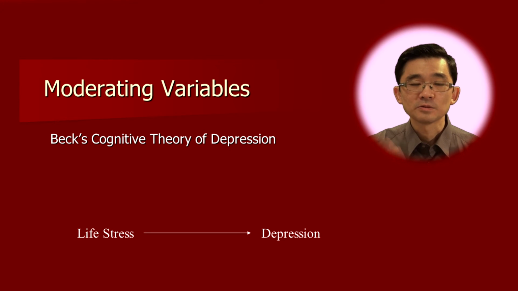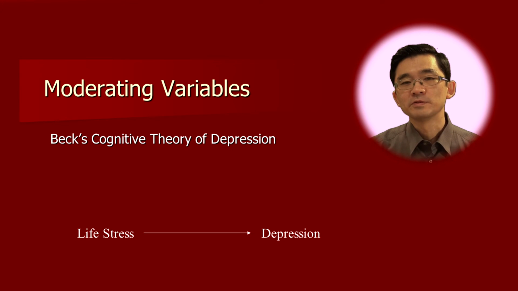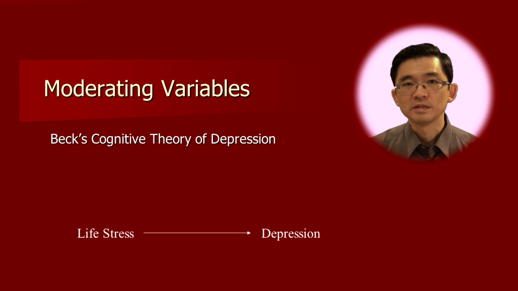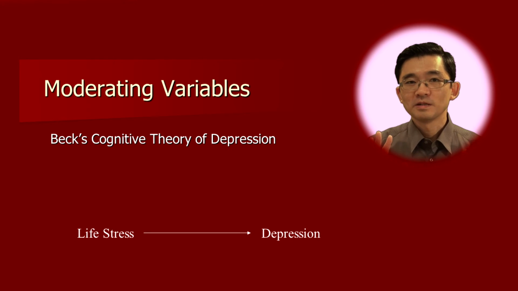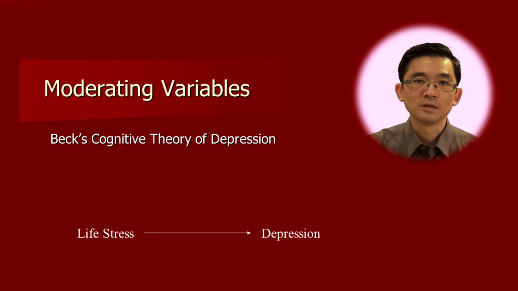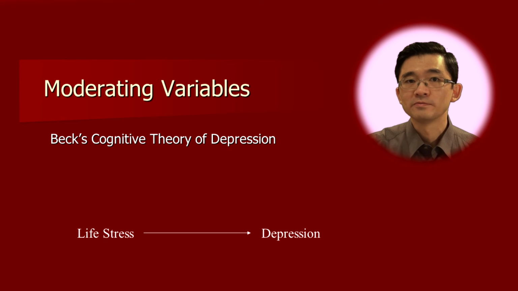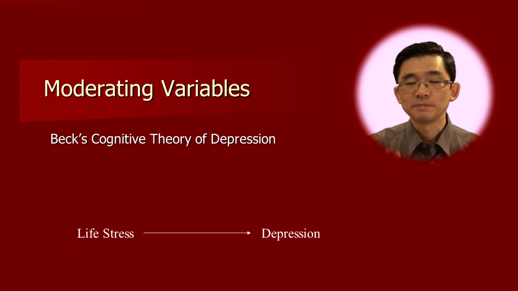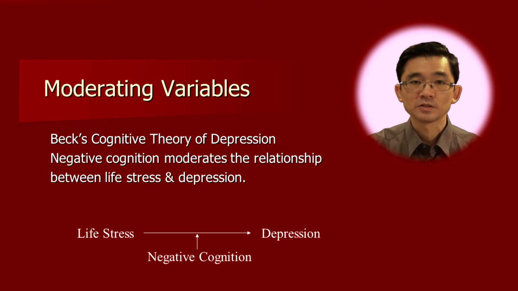So if you start thinking those kinds of negative thoughts, then you feel very sad or depressed. Another person might step on the bird poop and think, wow, this is my lucky day. I'm going to win the lottery. So everyone experiences stress, but how they react to it will give them different kinds of feelings. Right? So whether life stress leads to depression depends on whether you have negative cognition.